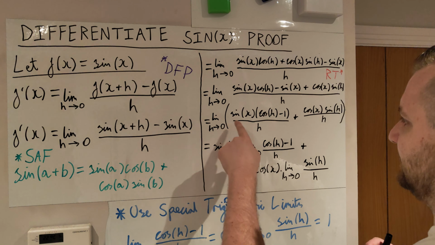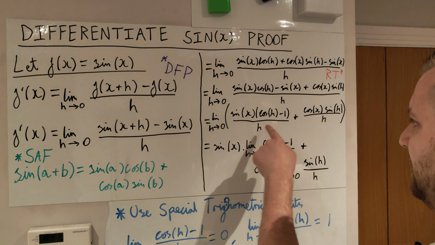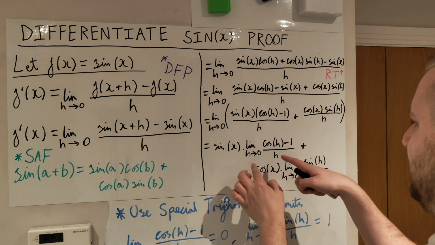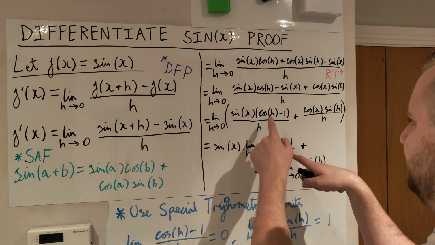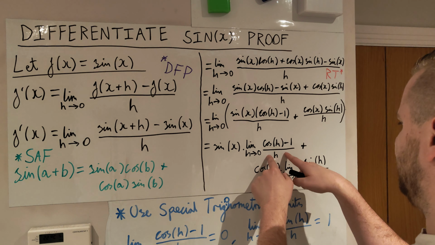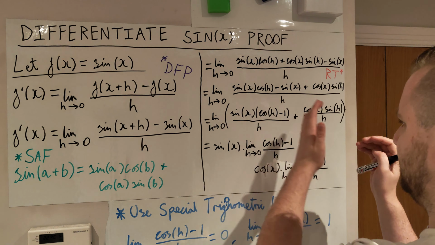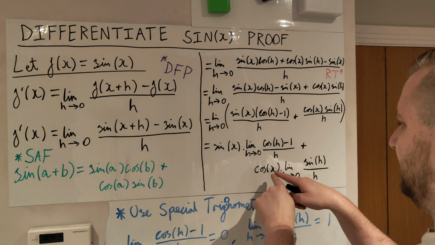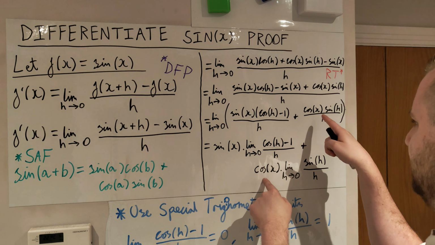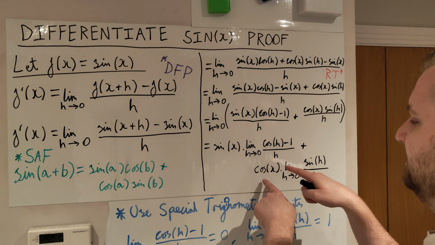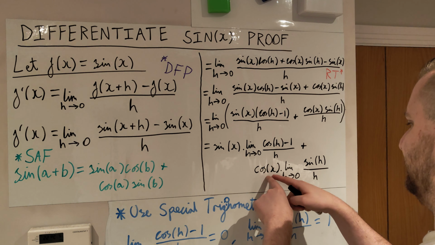So we can take the sine of x out, and then it's just times what's left in here as the limit as h tends to 0 of cos of h minus 1 over h, plus, we've kind of separated these into two limit things. The cos of x here is a constant. We're treating it as a constant because it doesn't change as h tends to 0.